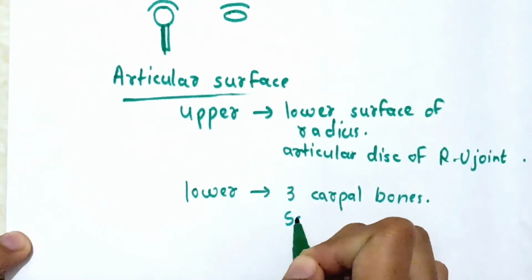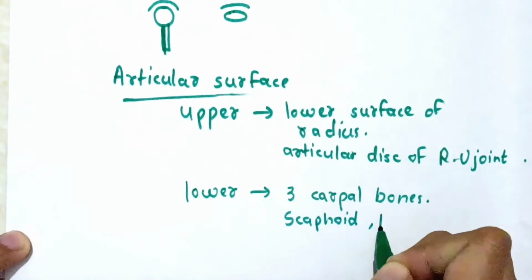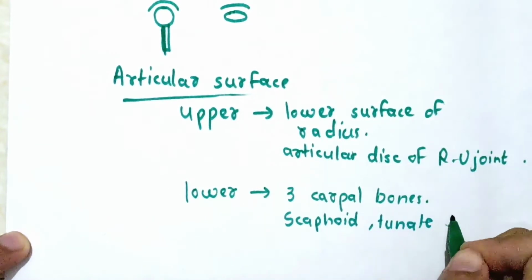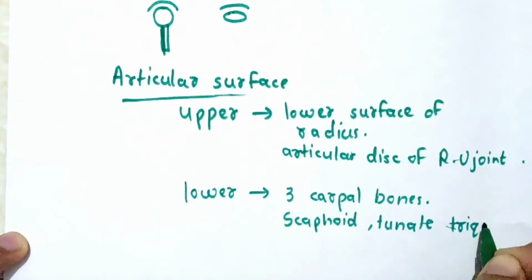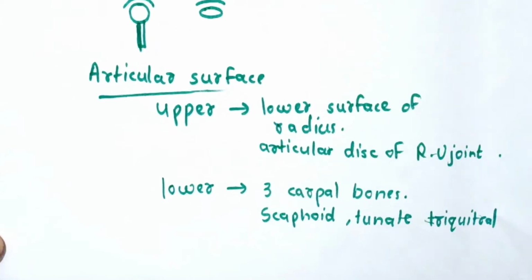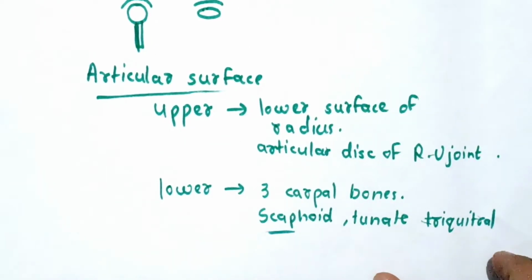The names are scaphoid, lunate, and triquetral. So these three bones are forming the lower articular surface.